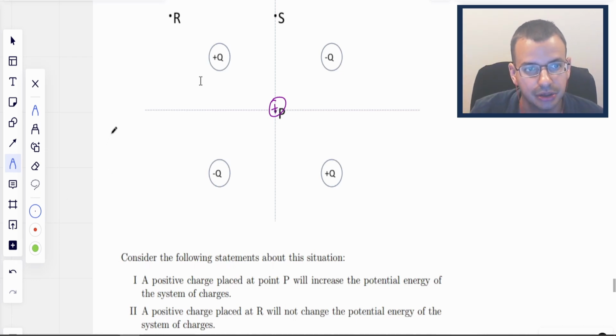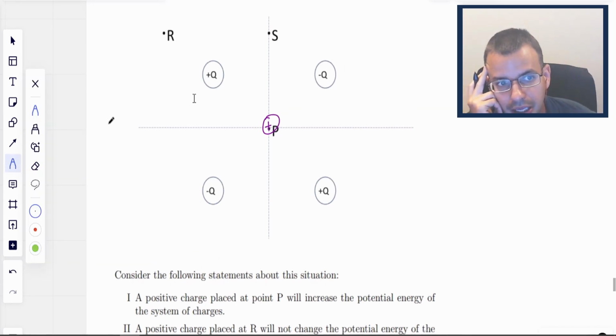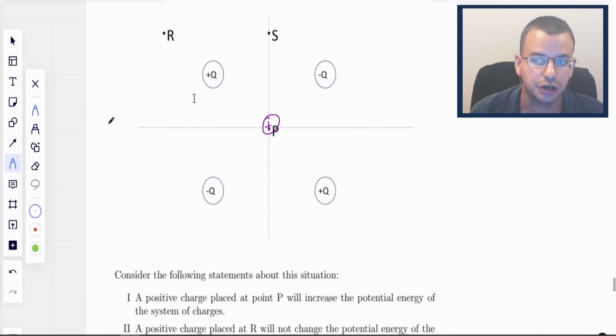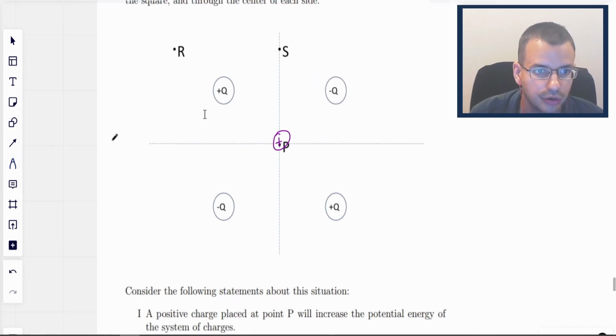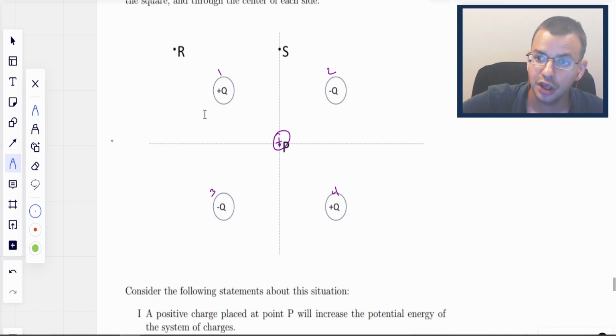The energy of the system is built up by adding each individual charge. If we look at this as 1, 2, 3, 4, we bring in charge 1 first, all the others are absent. It doesn't change any energy because it's not working against any electric field.